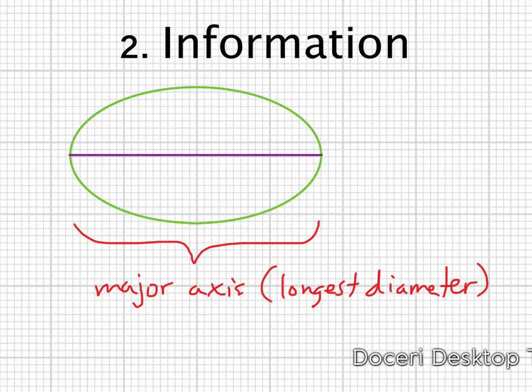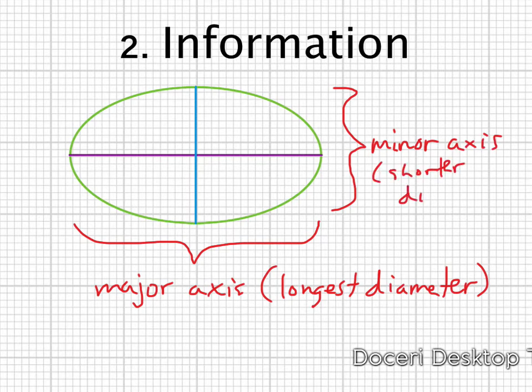And then our other axis is called our minor axis, and that's the smaller of the two. So this is my minor axis, and this is the shorter diameter.